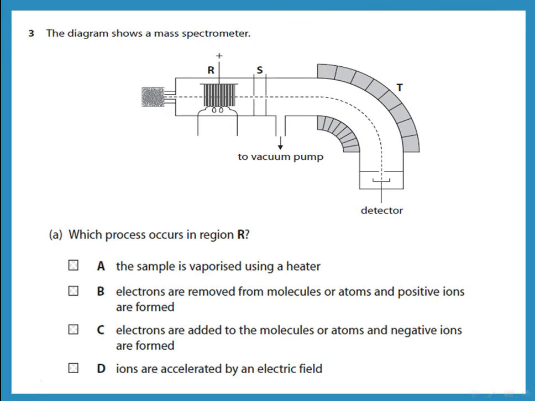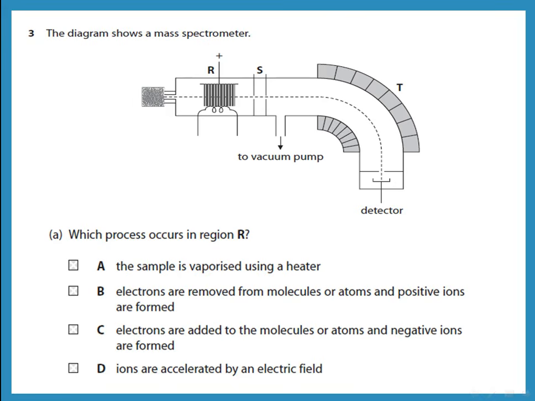Now, when it goes to R, what happens to it? R is where the vaporized sample is bombarded by a beam of high energy electrons.